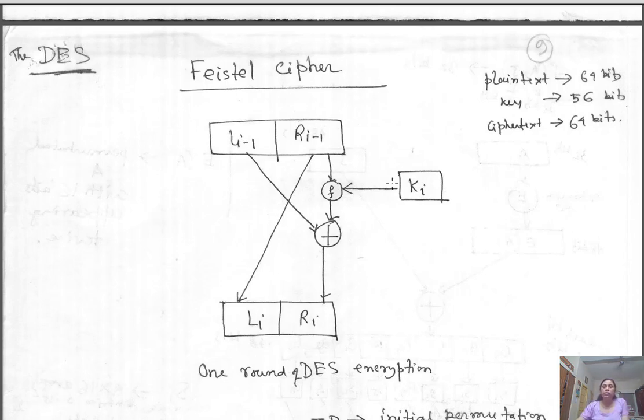So this is one round of DES. How does it operate? Initially your plain text is 64 bits, so we divide it into two parts, left part L0 and right part R0. Initially it is X0, a 64-bit binary string, and we divide it into left half and right half.